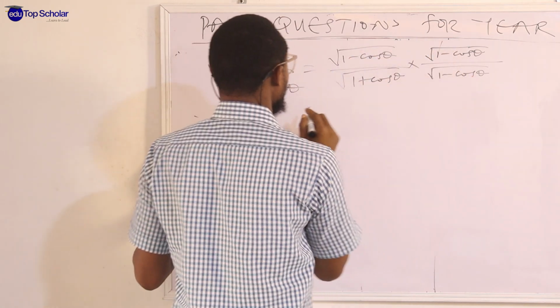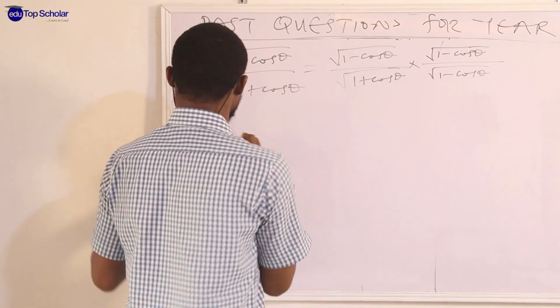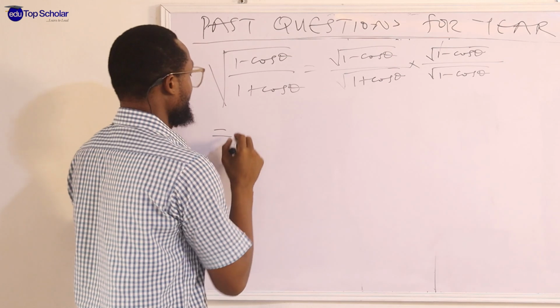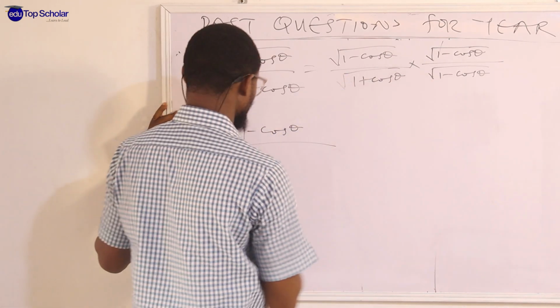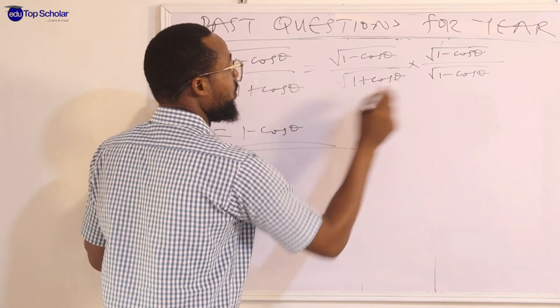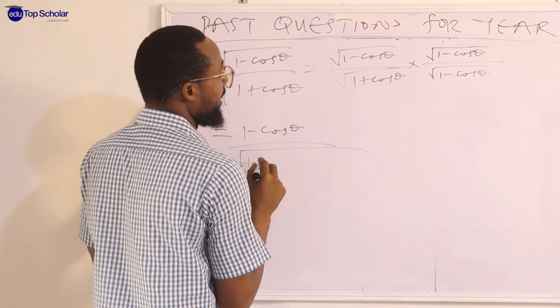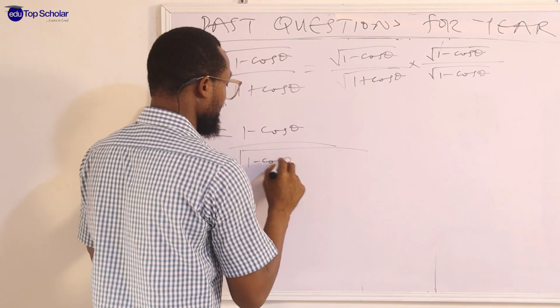This by this we have 1 minus cos theta over this by this.